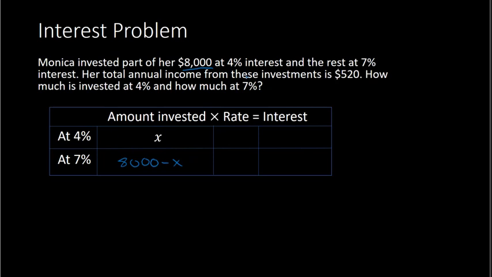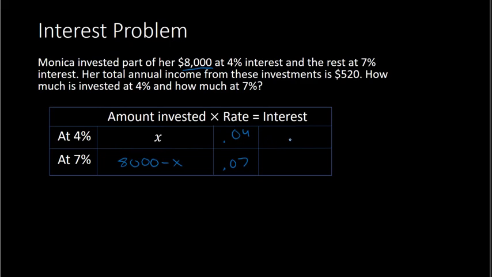And then the rate, we have 4% interest rate. So the rate here is 0.04. And the rate down here is 0.07 for 7%. And then this last column is going to be found by taking these two other columns and multiplying them together.